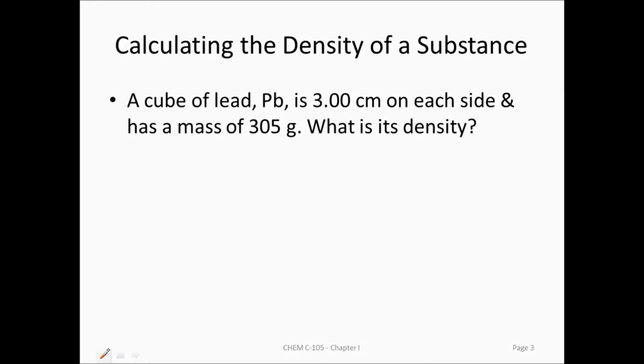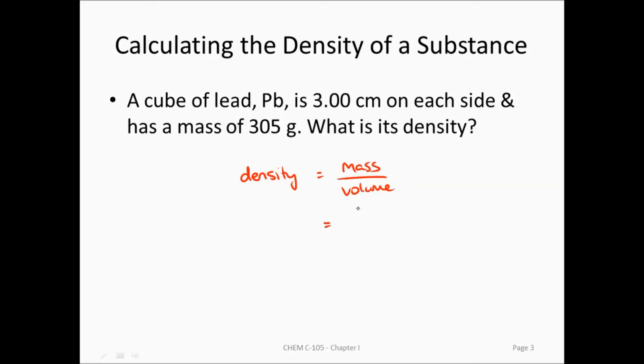So let's take a couple of examples in terms of using the equation density equals mass over volume. Okay, so let's look at this. The density is mass divided by volume, and that would be as follows.